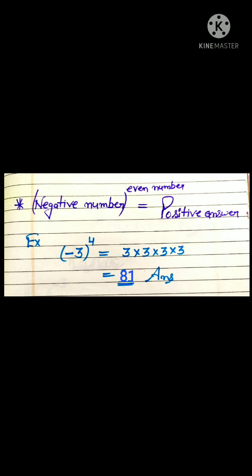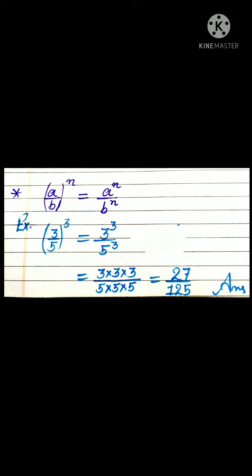Now next is, like there is a rational number a upon b and it is having a whole power n. Then what happens, then this power n will be of both the numbers of the rational number, like of numerator and of denominator. Then when you will simplify this, it can be written as a to the power n and b to the power n.